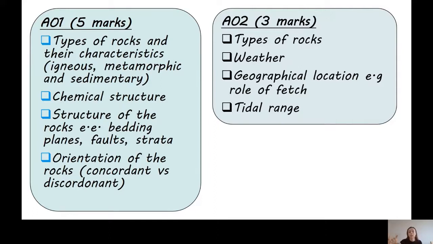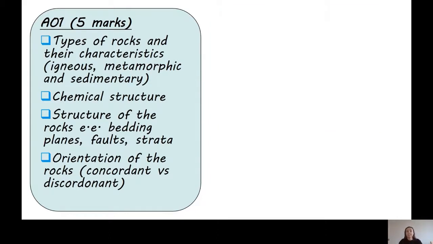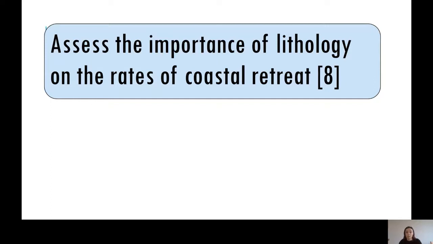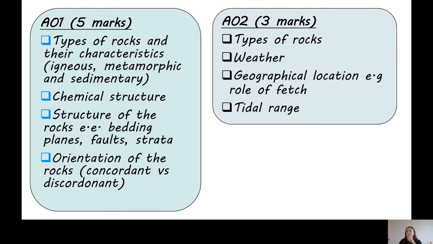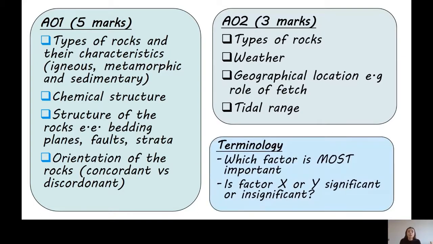So this is what you need to include in that question, because it says, assess the importance of lithology on the rates of coastal retreat. So say, yes, these are the lithologies and how they impact coastal retreat. But to assess, you need to say, it's not only lithology, but also these factors, so types of waves, weather, location. When you're looking at terminology, you need to use wording such as which factor is most important.